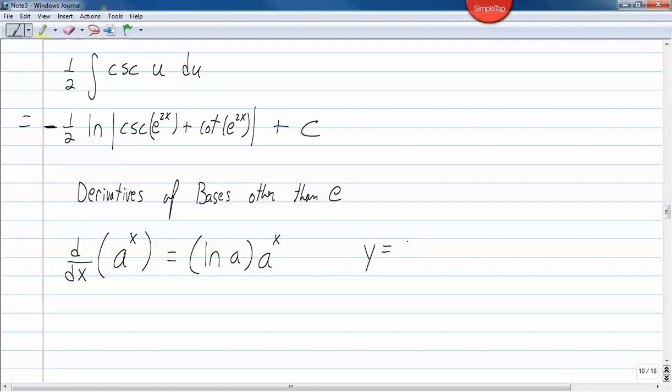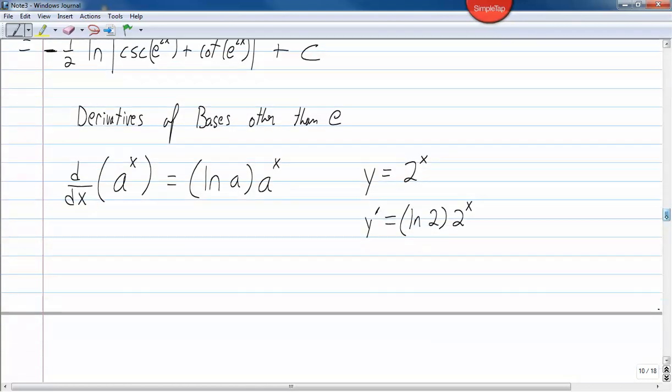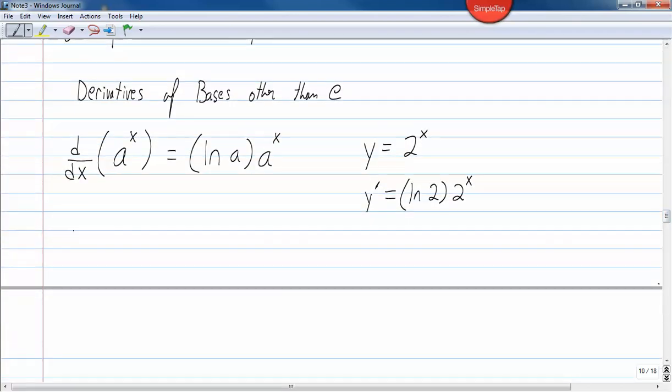So if y equals 2 to the x, the derivative of that would be the natural log of 2 times 2 to the x. Not a very complicated derivative. Now if it's a to the u, so let's say I had the derivative of a to the u, so that's something other than x, right?